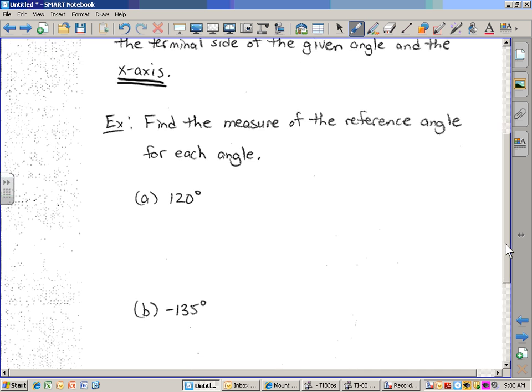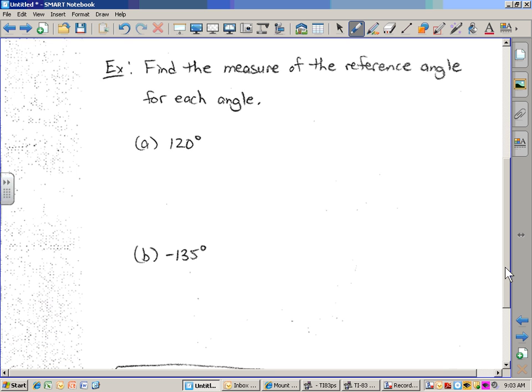Let's take a look at a couple examples here. Find the measure of the reference angle for each angle. 120 degrees. Okay, let's draw pictures so we understand this. Where is 120 degrees? It's in quadrant 2. Now, the reference angle is the distance from the terminal ray to the closest x-axis.